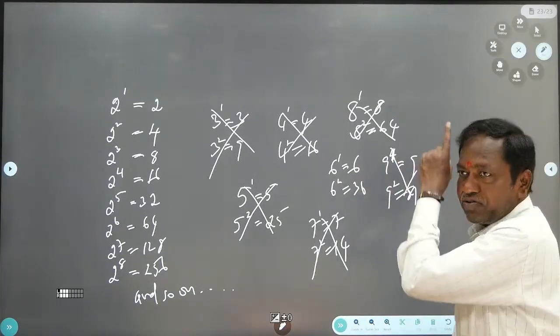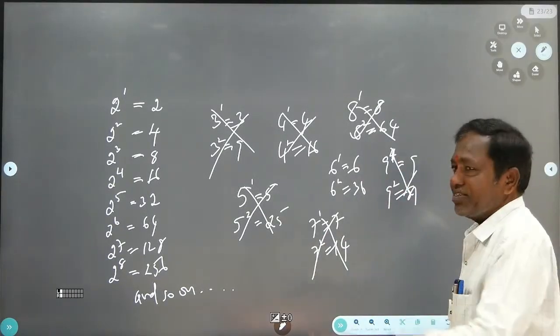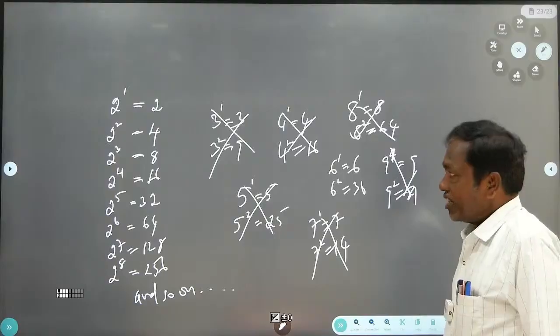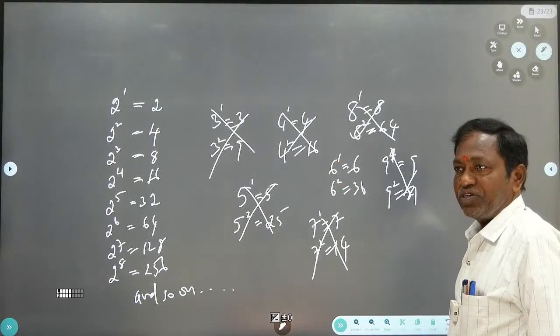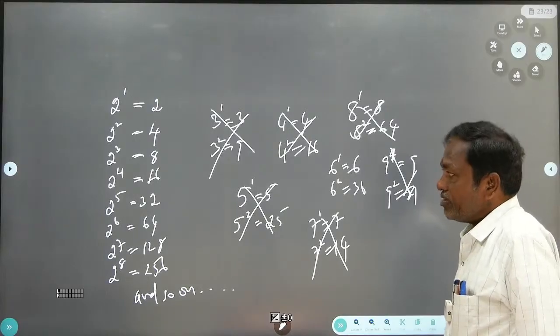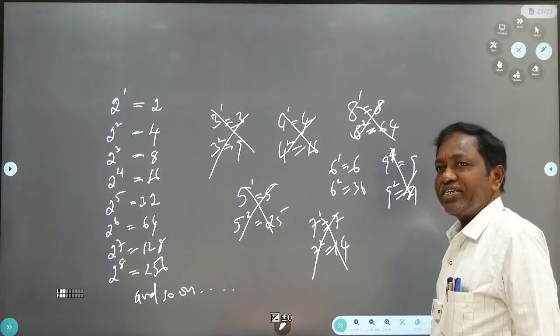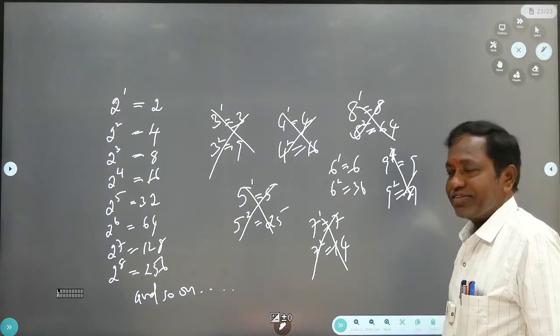Only possible for 2, nothing else. Again, this is exclusive, called the uniqueness of 2. That's why questions are designed, framed and asked in these areas.